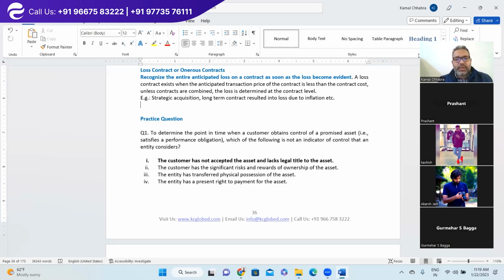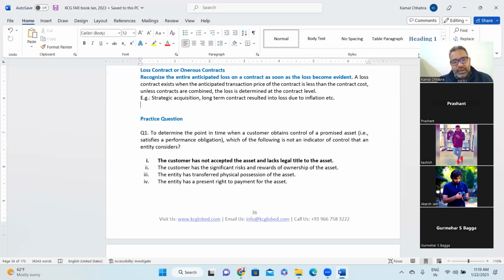Second, the customer has significant risk and reward of ownership of the asset. Third, the entity has transferred physical possession of the asset. Fourth, the entity has a present right to payment for the asset. Which one is not an indicator?